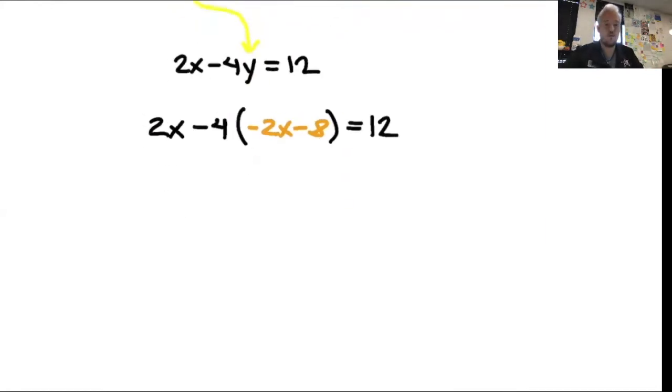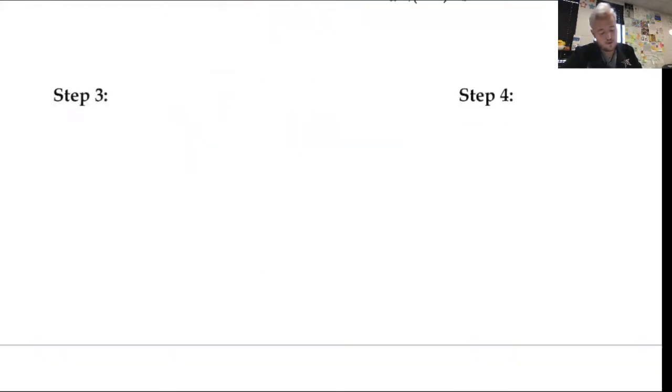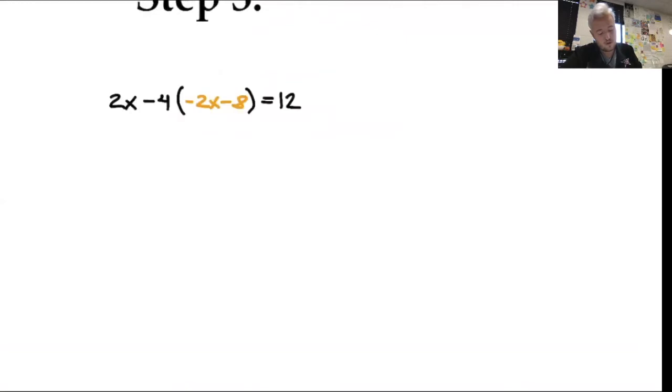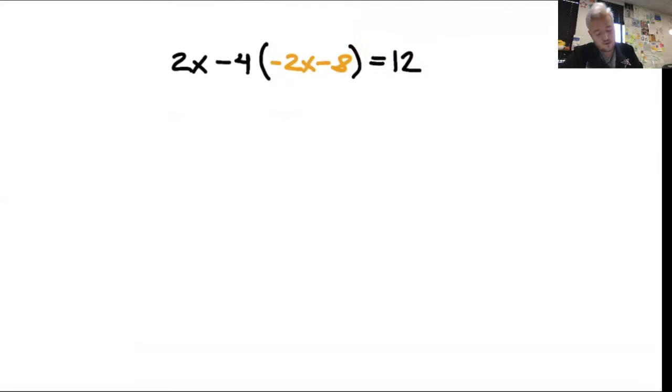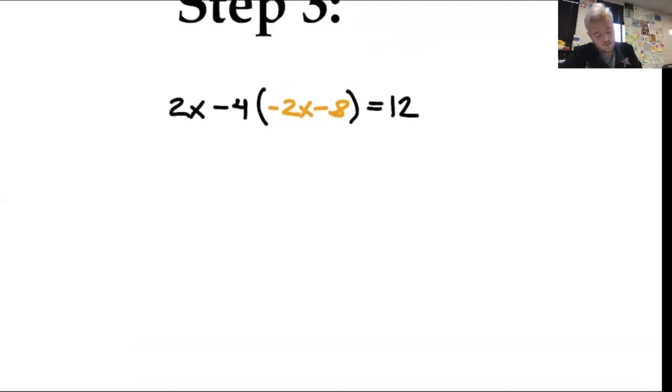So now notice, once I subbed in, that y value is no longer here. The only variable I have now is x. So what I'm going to do next, for step 3, is solve for x. To solve for x, we have to distribute.